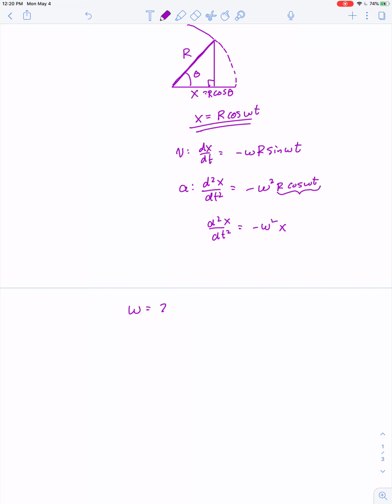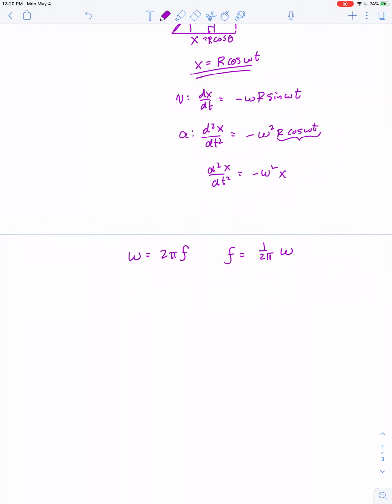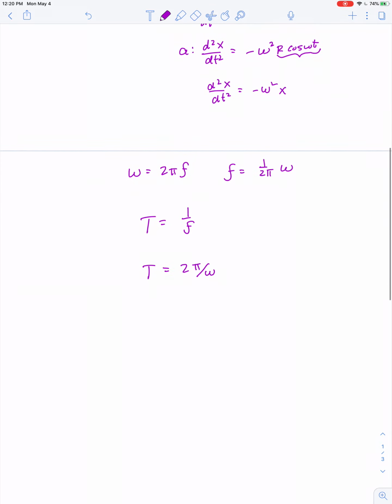Omega is 2 pi times frequency, or in other words, frequency is 1 over 2 pi times omega, and period is equal to the inverse of frequency. So our period would be equal to 2 pi divided by omega. If we compare all this to the mass on a spring, we see a lot of similarities.